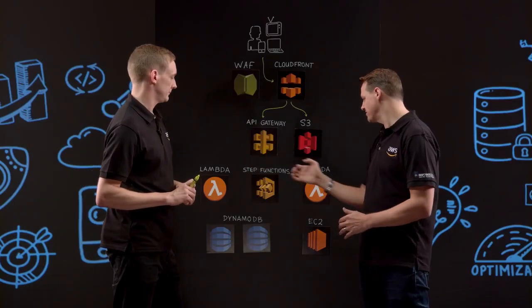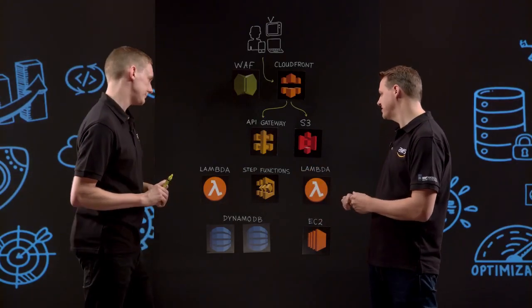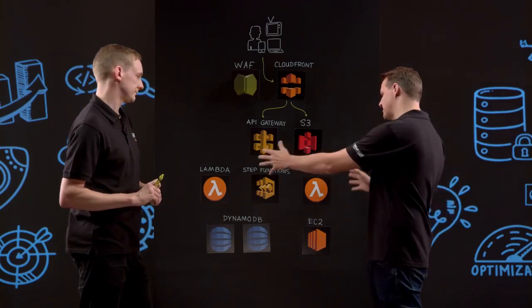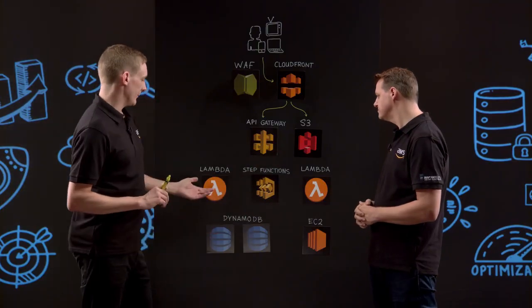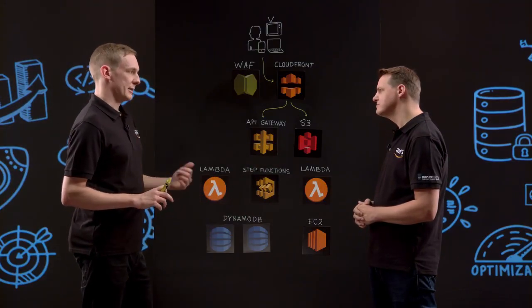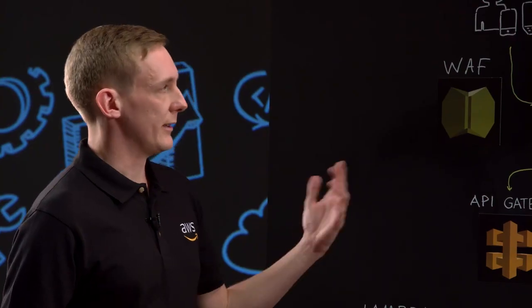Okay, and then I noticed underneath API Gateway, you've actually got these Lambda functions and Step Functions in the middle as well. Can you talk through this business logic layer? Sure, so we're representing a number of different functions here in Lambda. A really simple example would be something like login and profile creation. When the user first comes to the service, they're obviously going to need to create a profile.